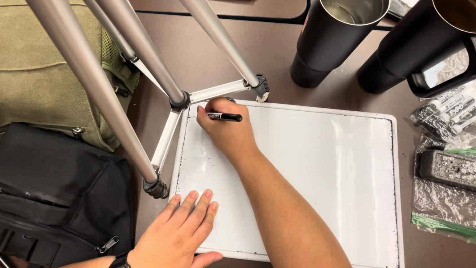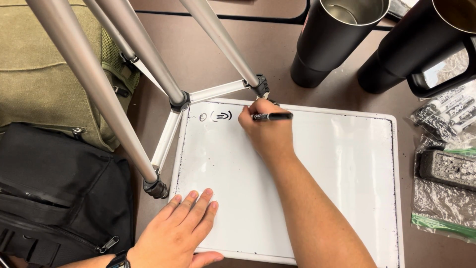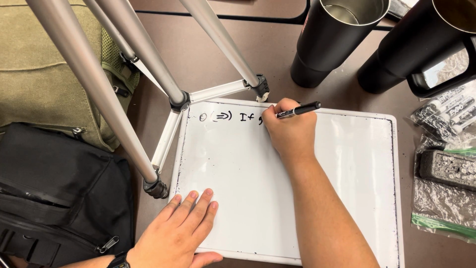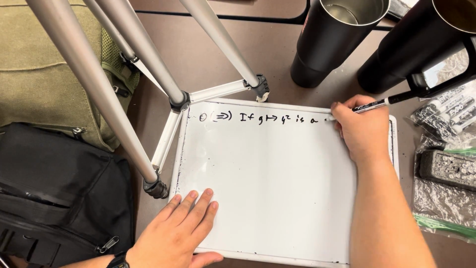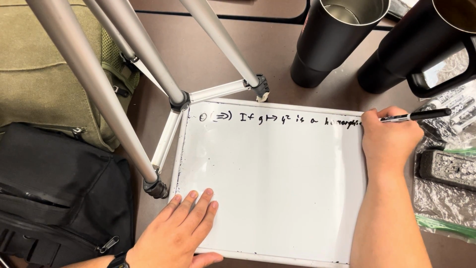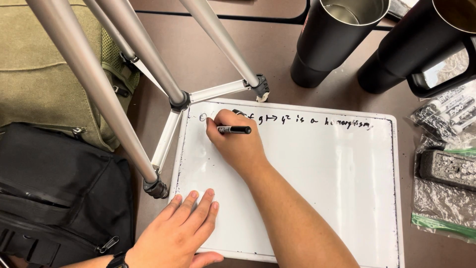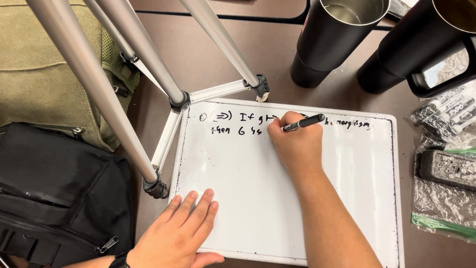So let's go the first way, left to right. If the map from g to g squared is a homomorphism, then G is abelian. That's what we want.